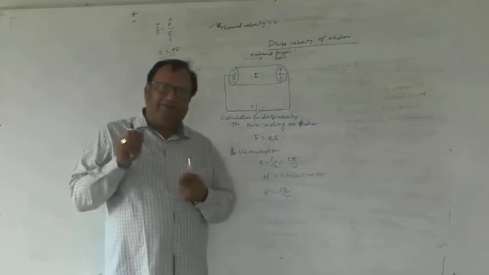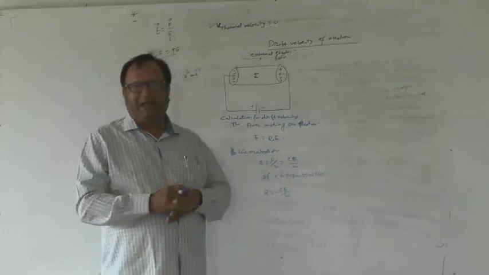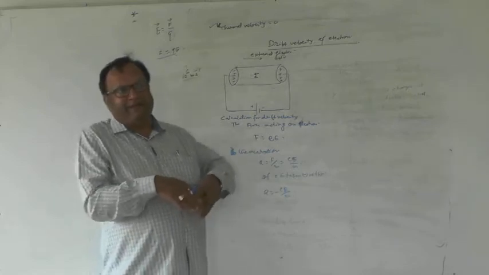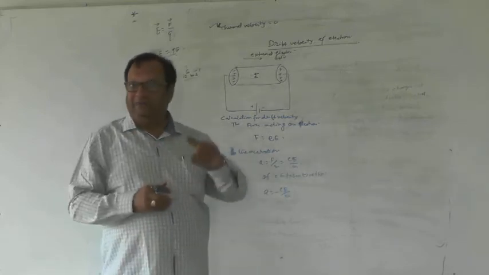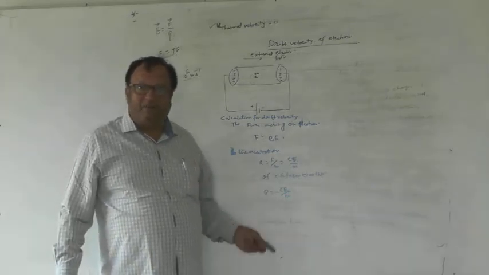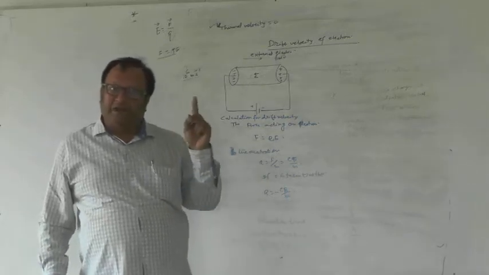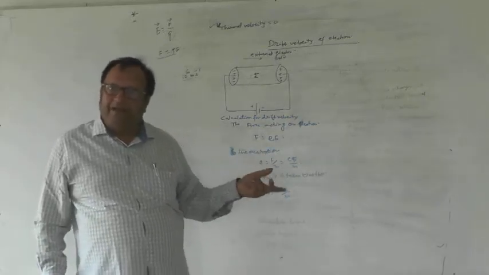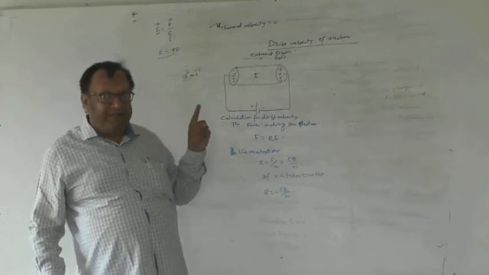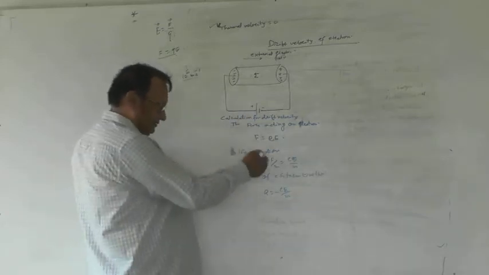But where it collides, it will lose its acceleration. And when it loses its acceleration, it will again start its speed. And from where does this speed come? I have told you, it comes from the thermal condition of the conductor, due to the temperature difference. So again it will start.